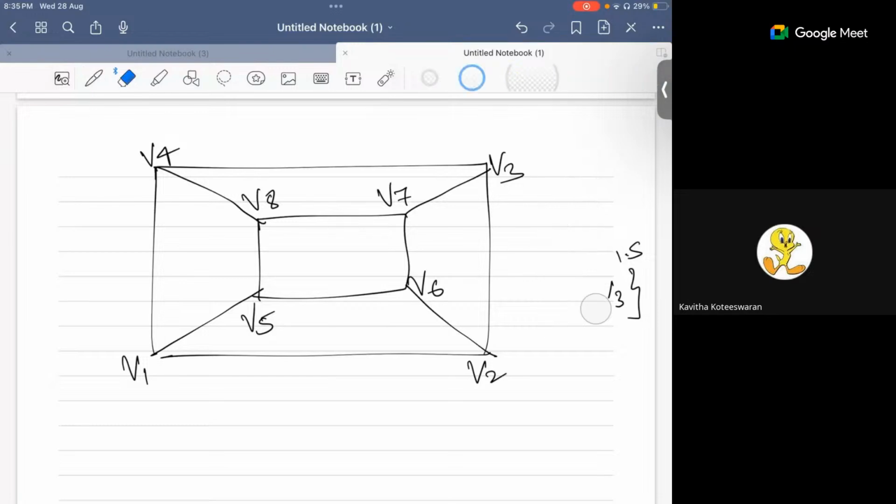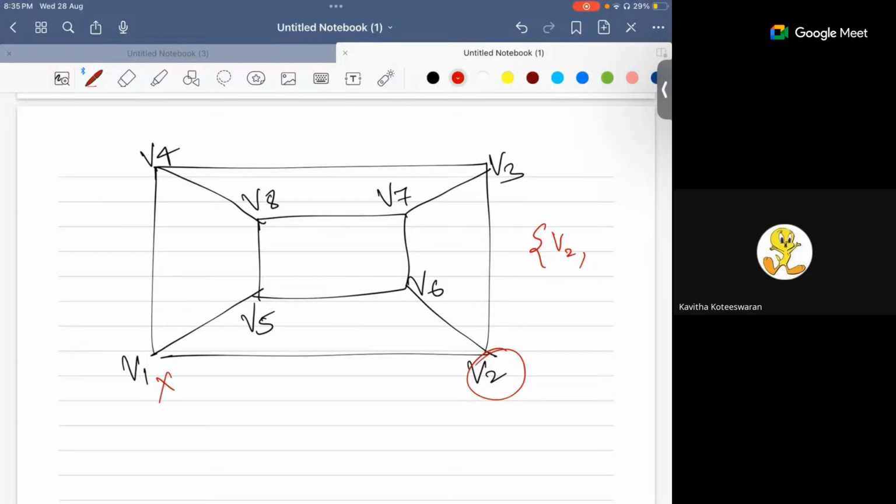How will you do that? So I start with V2. If I'm taking V2, I should not be taking V1, because if I'm taking V1, that will make a direct edge. So V1 gets cut down, and I can't take V6 also. Okay, let's take V5 now. If I'm taking V5, I can't take V8, because that will be a direct edge.